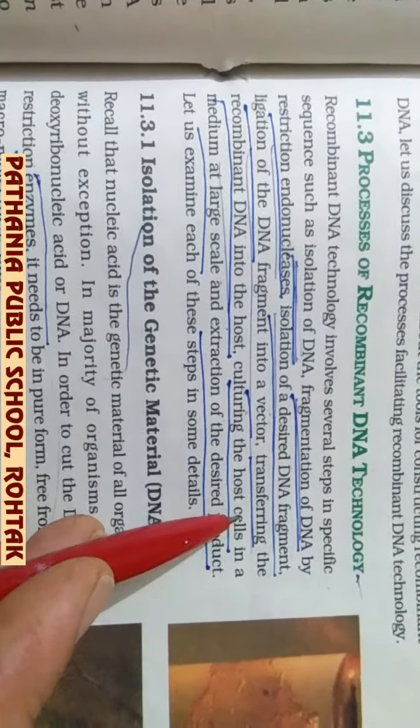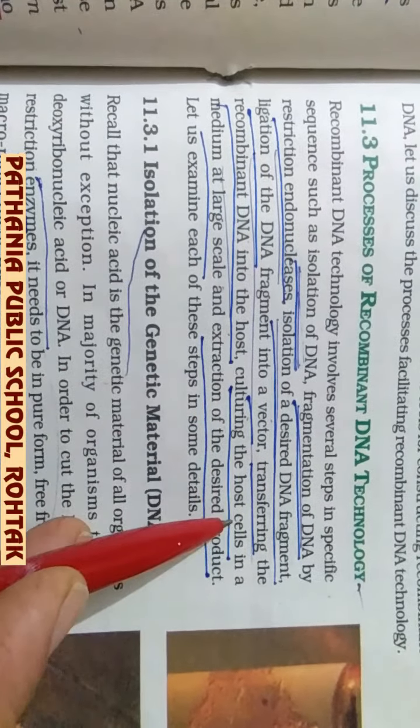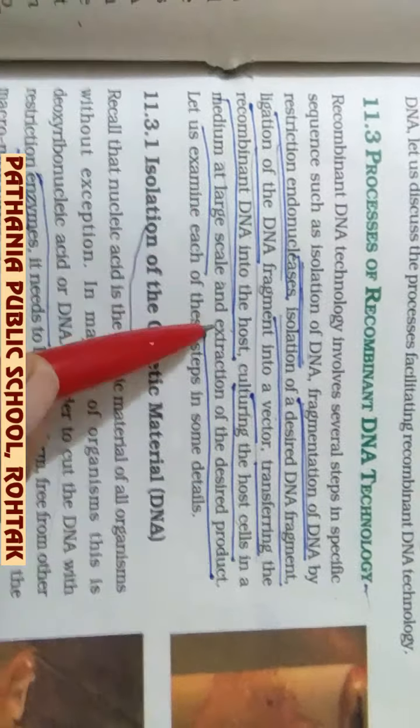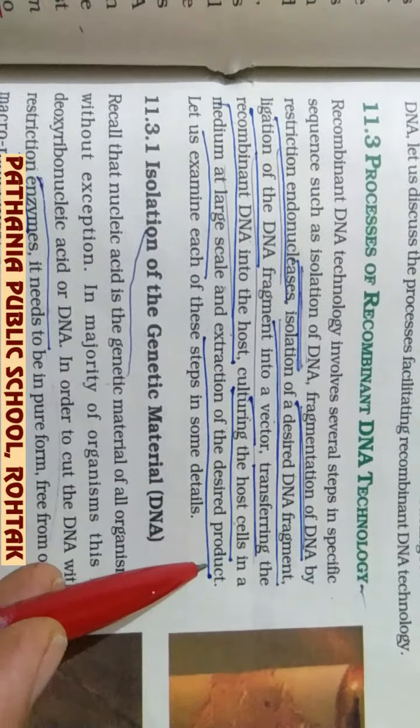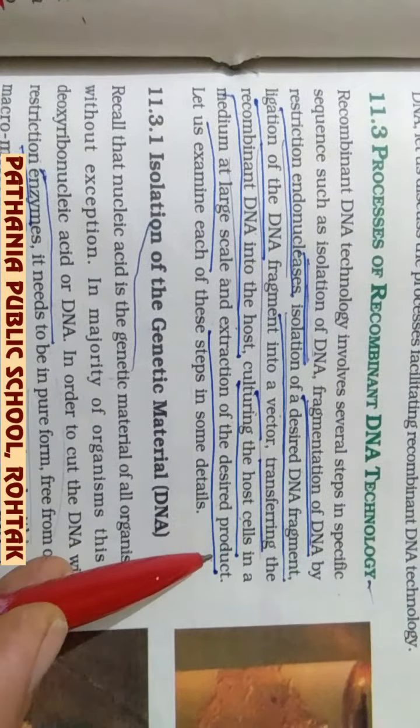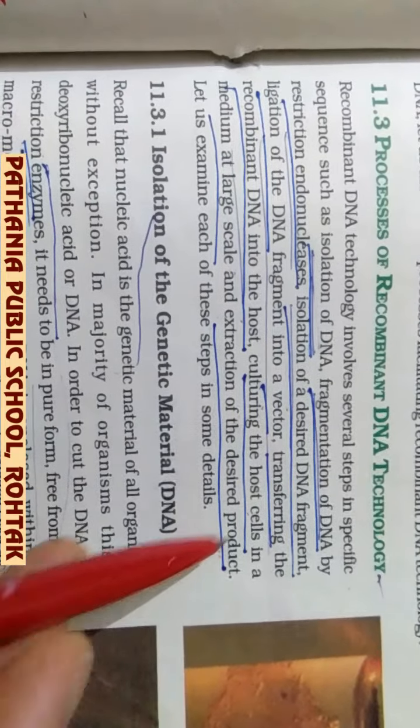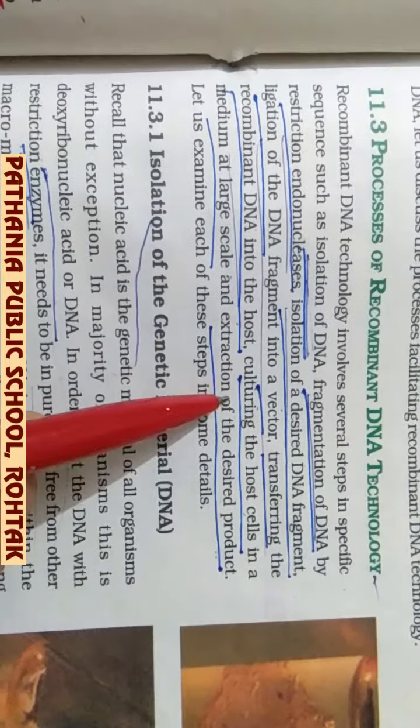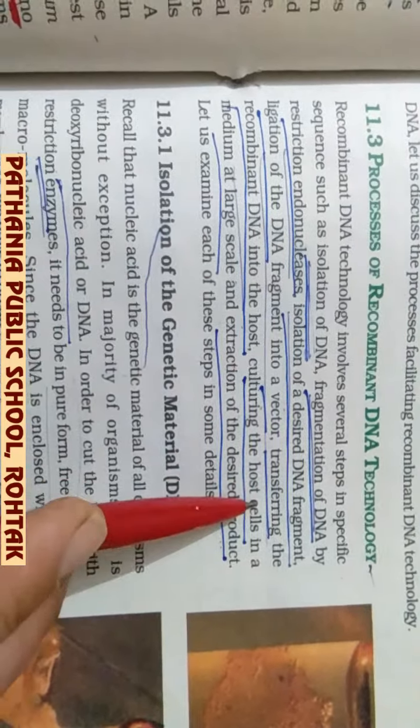Then culturing the host cell, that means it undergoes reproduction in the medium, and large scale extraction of the desired product. I have taken the example of insulin. So all these steps can be compared with that diagram.